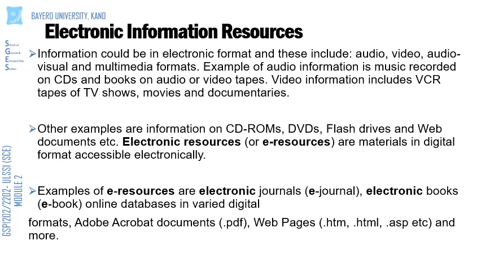We have online databases in varying digital formats like Adobe Acrobat documents, that is documents in PDF. We have web pages, documents in HTML, documents in .asp, etc., and many more. We have a lot of electronic information sources which usually appear in electronic version.